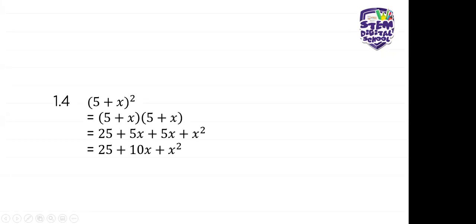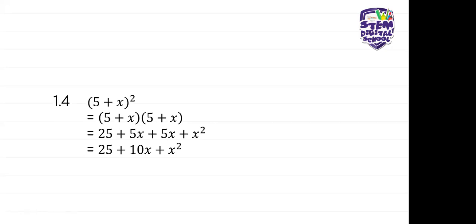So that is why 5 times 5 is 25, and 5 times x is 5x. So the first term of our expression yields 25 plus 5x. And then the second one, of course, you will multiply x by 5 to get 5x, then x times x to get x squared.